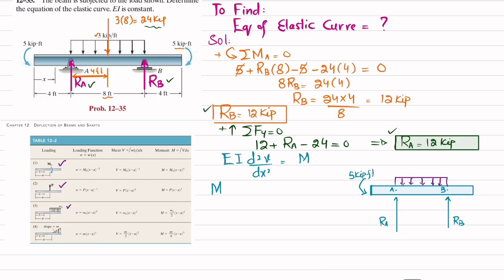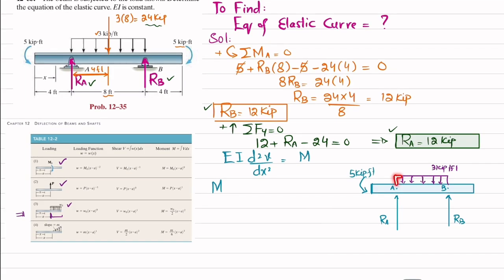And this uniformly distributed load is 3 kips per feet. So if you look at case number 3, the uniformly distributed load starts from here till the end. But here you can see this distributed load starts from here but not till the end.